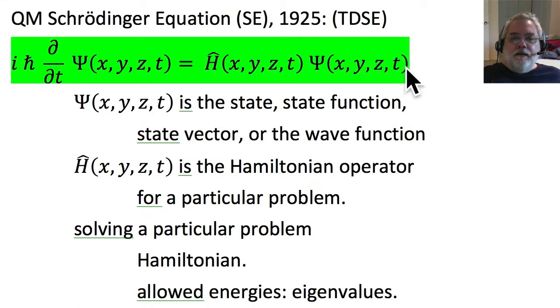I said that the right-hand side lets you find all the energy eigenvalues. And let's say we're talking about a single electron in a hydrogen atom. We found its energy eigenvalues. In particular, we were interested in two of them.